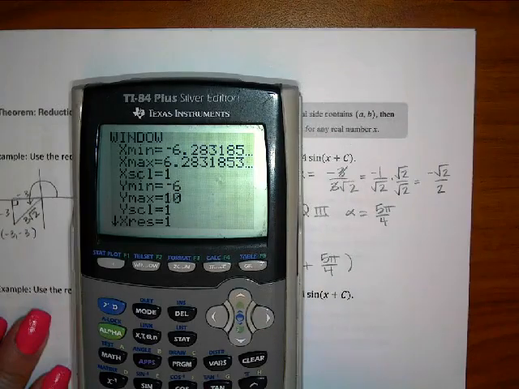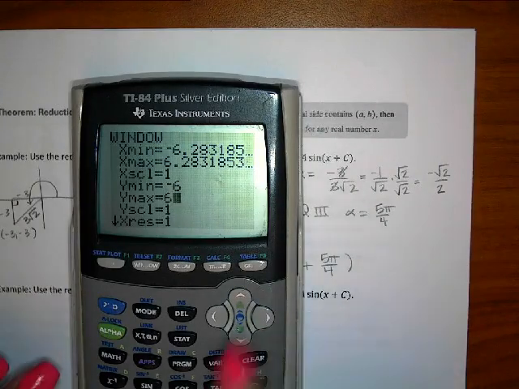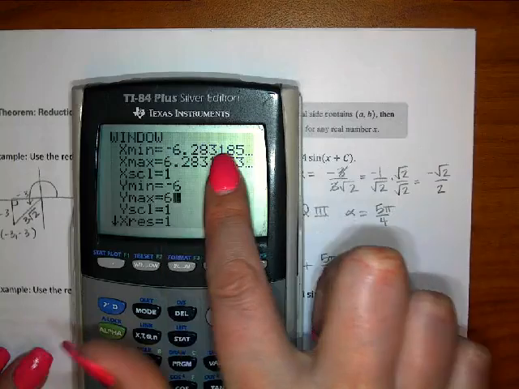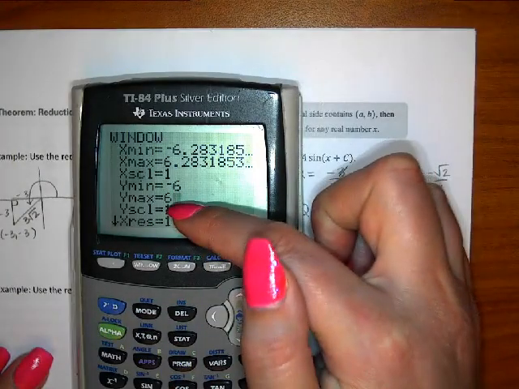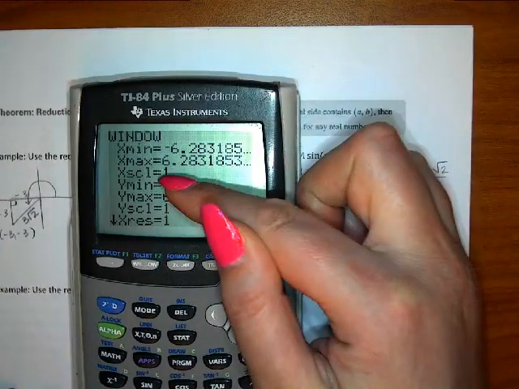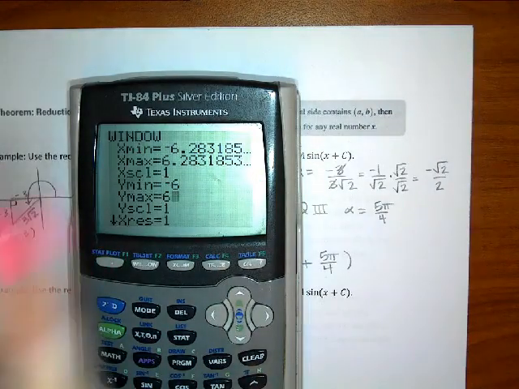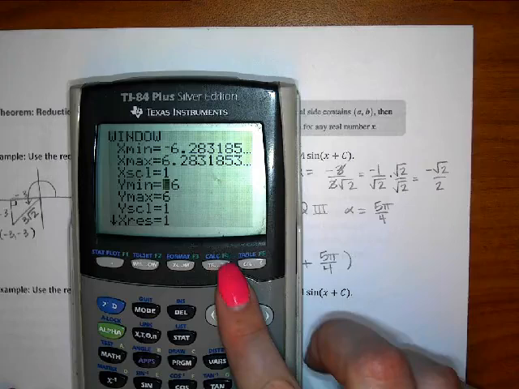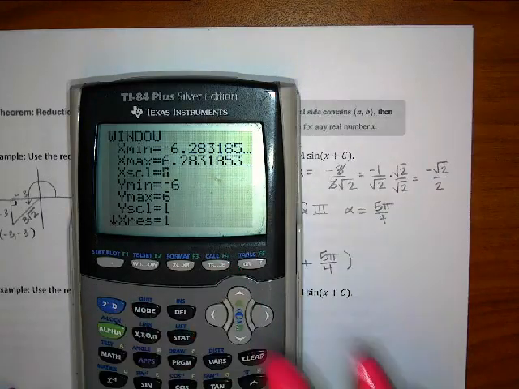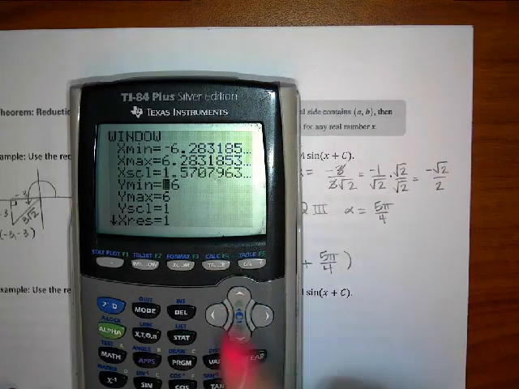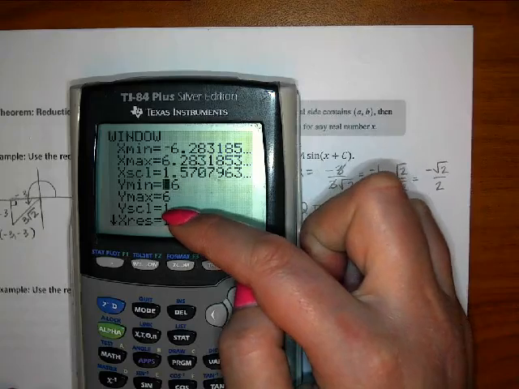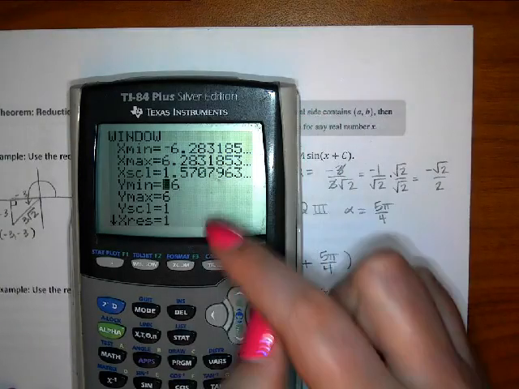So I did left 2 pi, right 2 pi, down 6, up 6. This is just telling me that it's going to put a scale of 1, so it's going to put a little slash every box. Maybe I should switch this to pi halves or something. This makes sense though. And then here I switched it so that it would put a little marker at every pi halves.